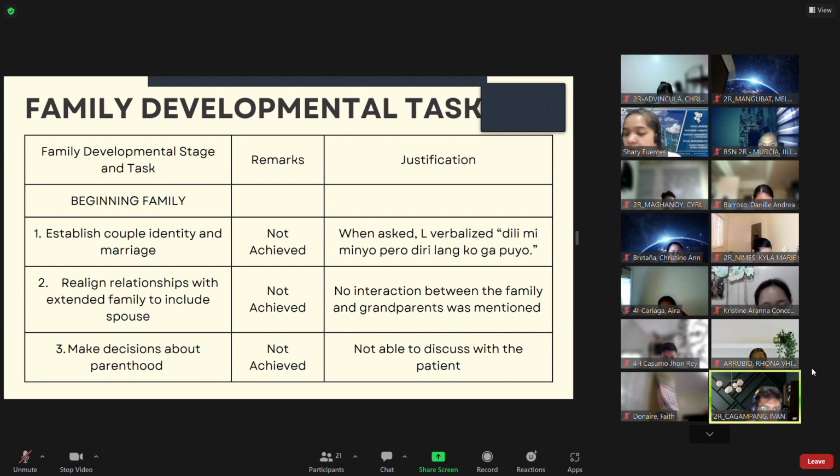So, good morning, ma'am. For the family development task, beginning family sila, ma'am, then establish couple identity and mutuality. As social beings, we have a strong desire for connection and desire to belong.